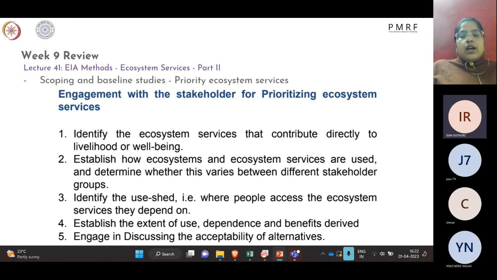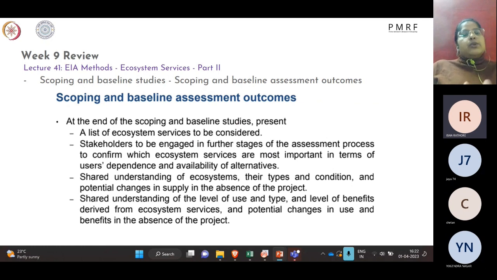If your project is directly affecting that use shed, you need to change your action which affects it. You also establish the extent of use, dependence and benefits derived from the ecosystem service, and engage in discussions of alternatives with these stakeholders because they are directly impacted by the project's actions. So that is how you deal with priority ecosystem services.